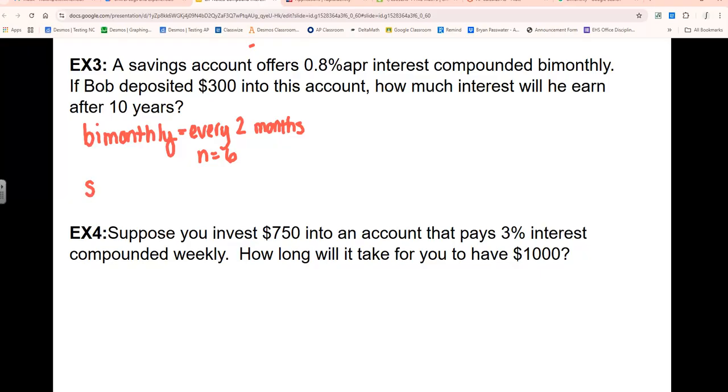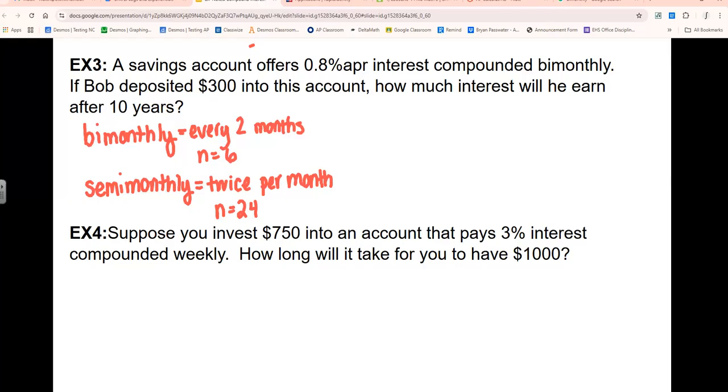All right. Semi-monthly. Semi-monthly would be twice per month. And so that would be 24.